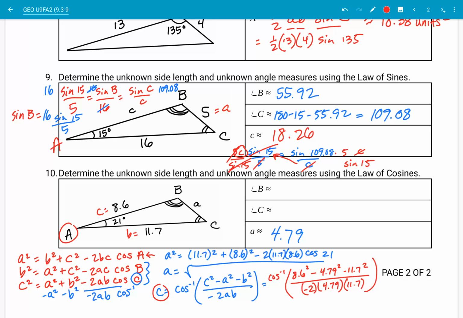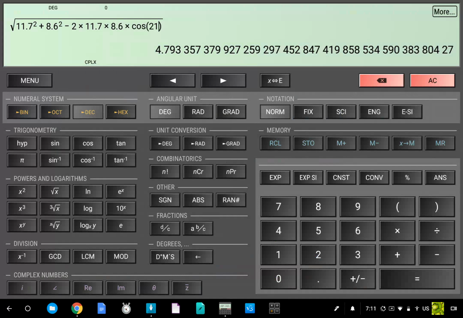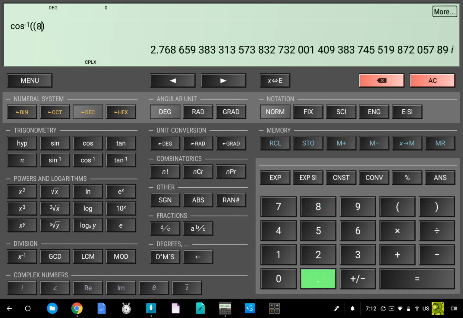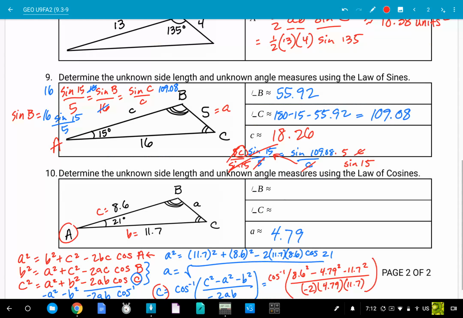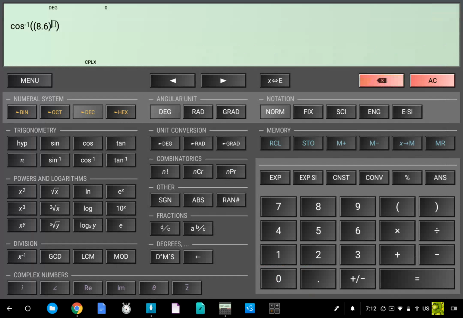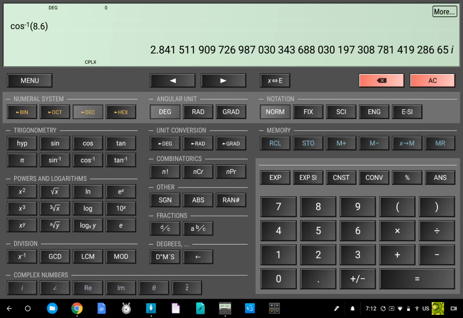So let's find out. I'm going to do cosine inverse, and I want to put 8.6 squared minus, actually, I need to delete that parenthesis. Here we go. Wait, I need one parenthesis in here.